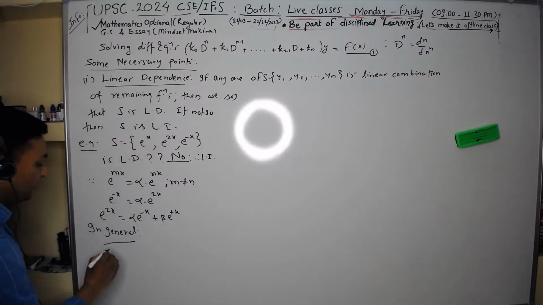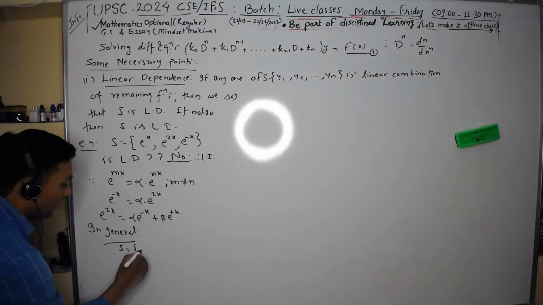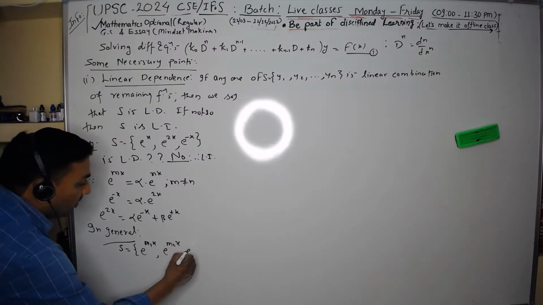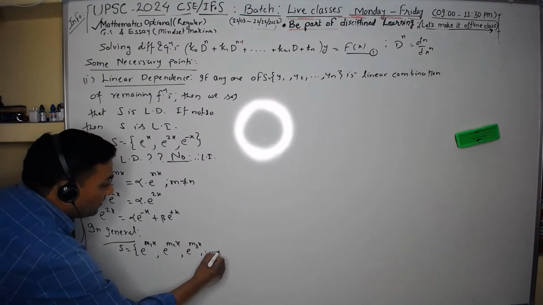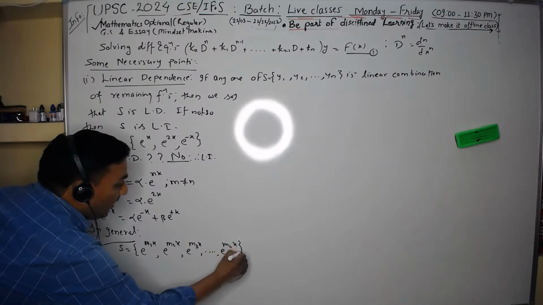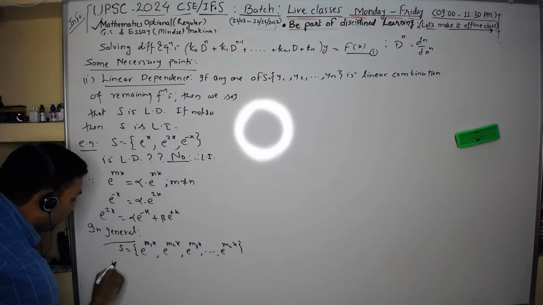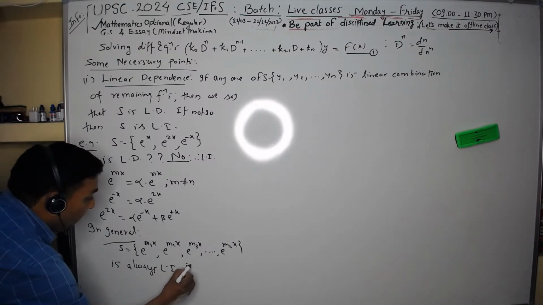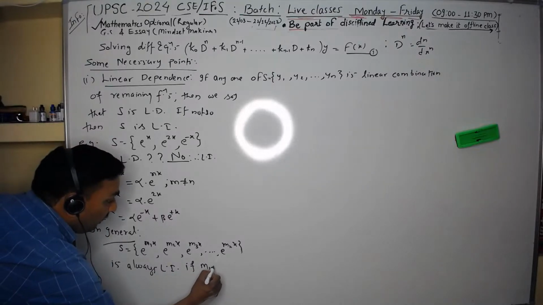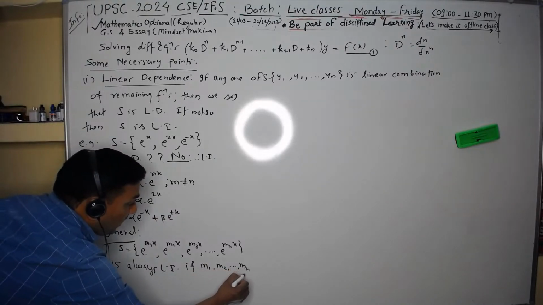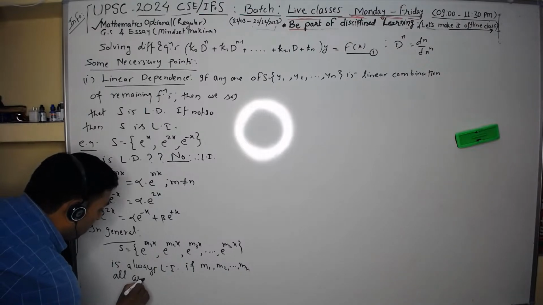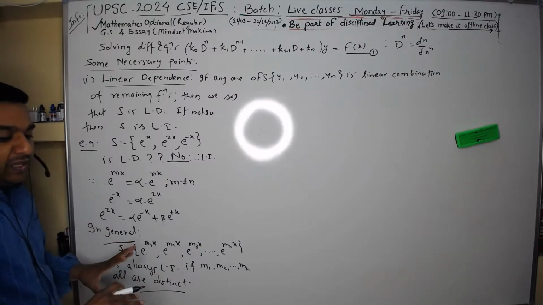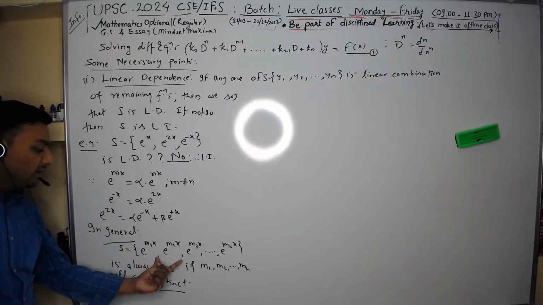In general, if I say S is the set e raised to the power m1x, e raised to the power m2x, m3x, ..., e raised to the power mnx, this is always linearly independent if m1, m2, ..., mn are all distinct. Why are they linearly independent?